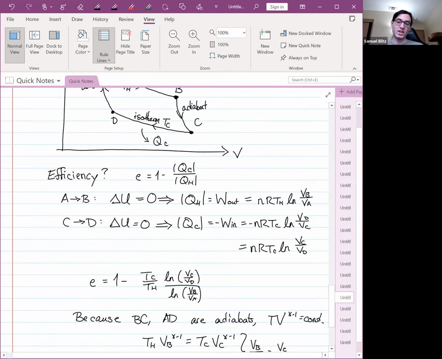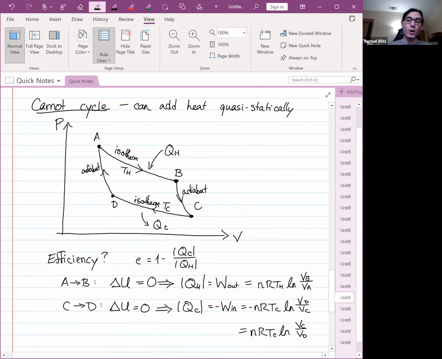Because the isotherms require that you transfer heat between something that's slightly higher in temperature to your gas, or from your gas to a region slightly lower in temperature. So in order for this to be exactly reversible, the heat reservoir that takes care of your top isotherm has to be infinitesimally higher in temperature than the gas.